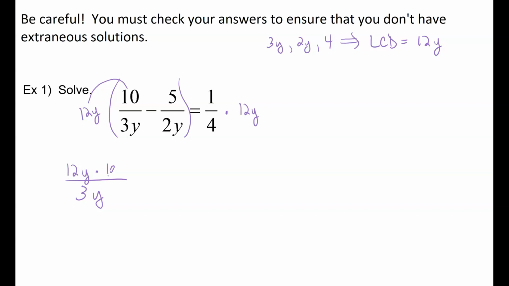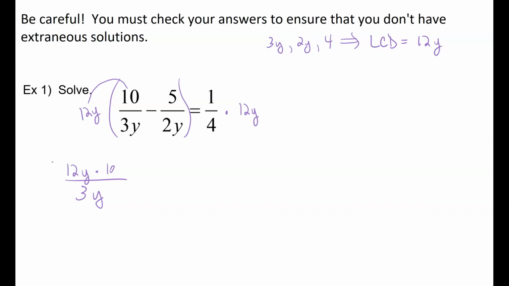Yes? You could cancel out the y's and turn the 12 into a 4. Yes, exactly. And that's the whole point of doing it using this method: whatever denominator you have should divide evenly into the term that you multiplied in to simplify.